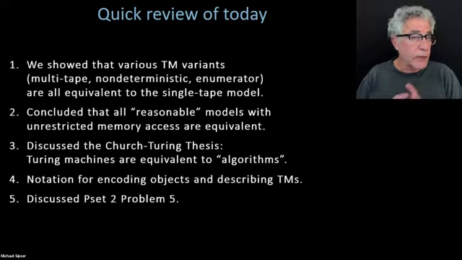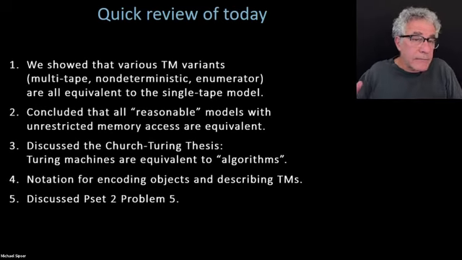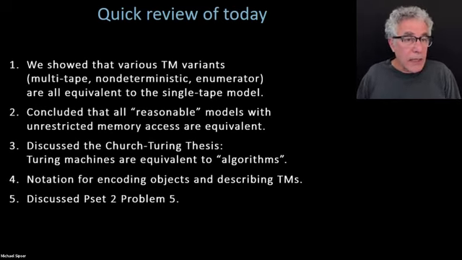There are lots of models out there, so we could spend a lot of time proving equivalences, and there are books that do, but I think what we've given is probably enough. That's a good question.